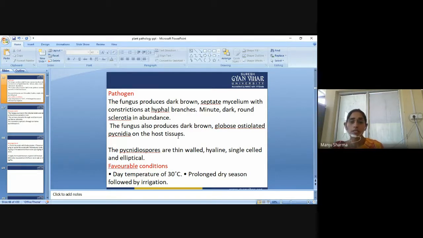Favorable conditions are a day temperature of 30 degrees centigrade, with a prolonged dry season followed by irrigation.